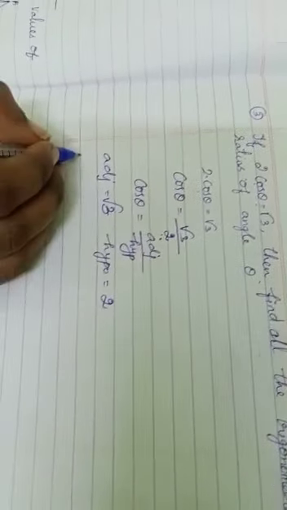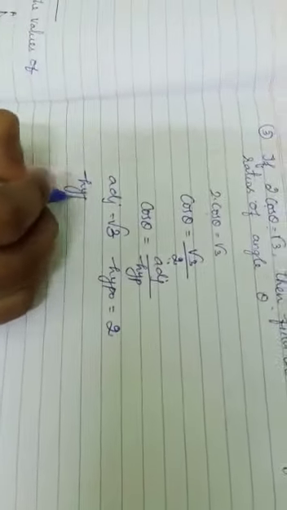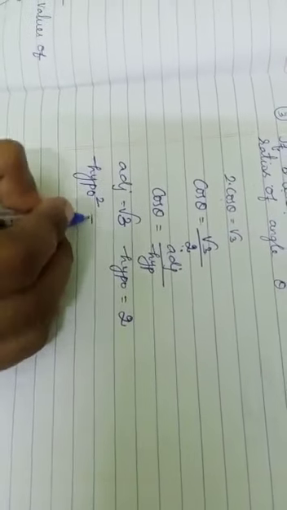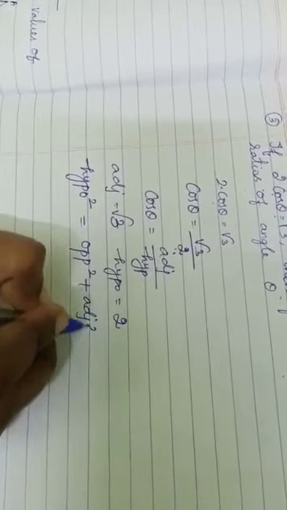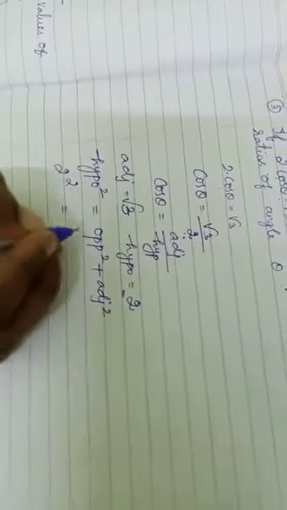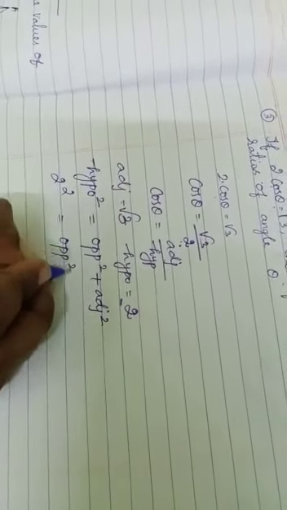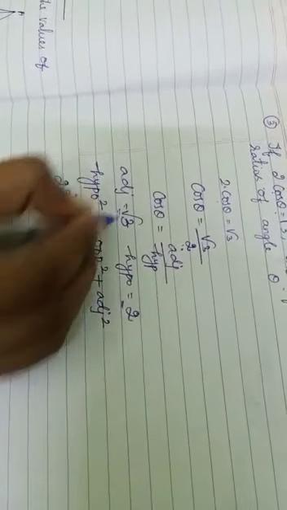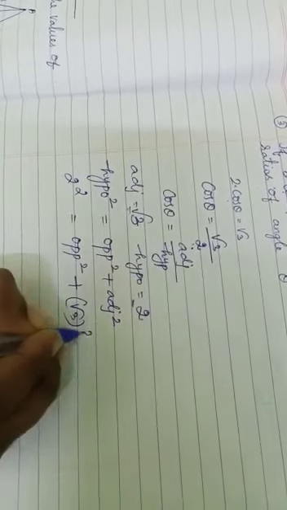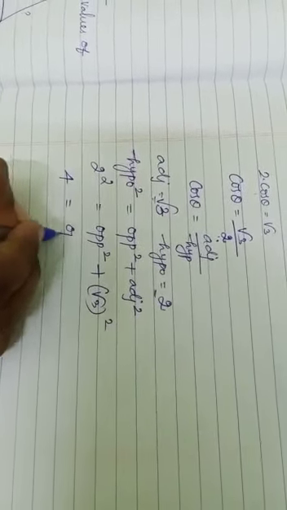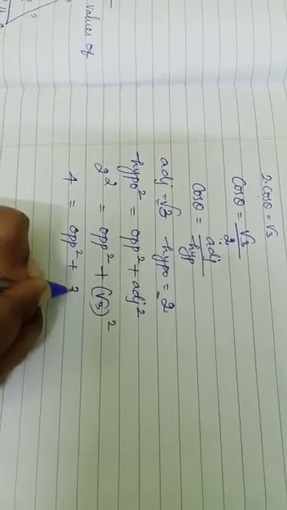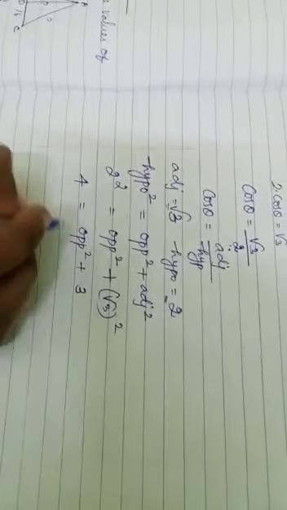So we will find the opposite side. Already you know the formula by Pythagoras theorem: hypotenuse squared equal to opposite squared plus adjacent squared. Hypotenuse 2 squared, opposite squared you don't know, plus adjacent side root 3 squared. 2 squared is 4, equal to opposite squared plus root 3 squared, 3, the root and square cancel.